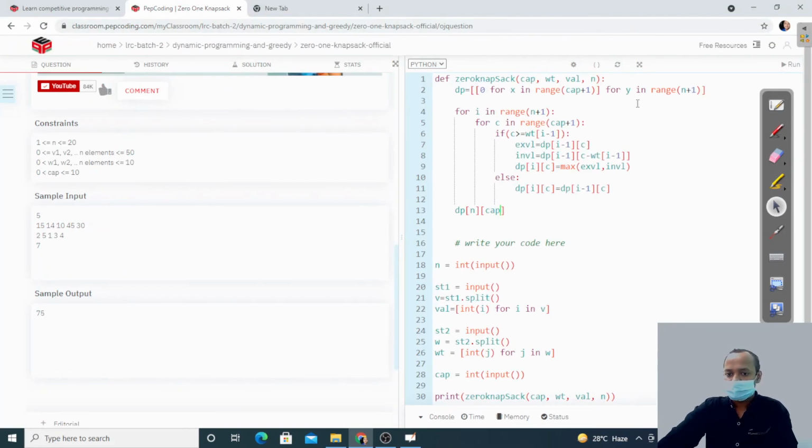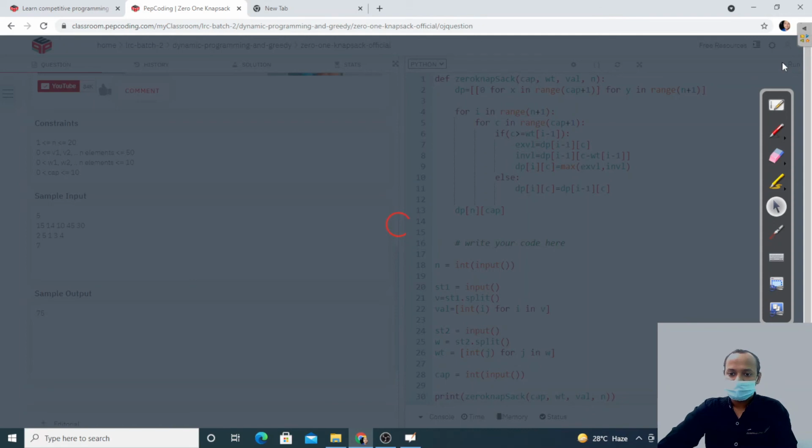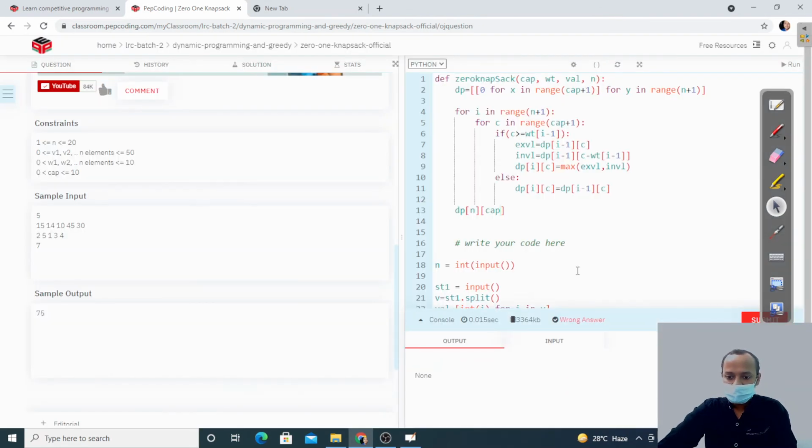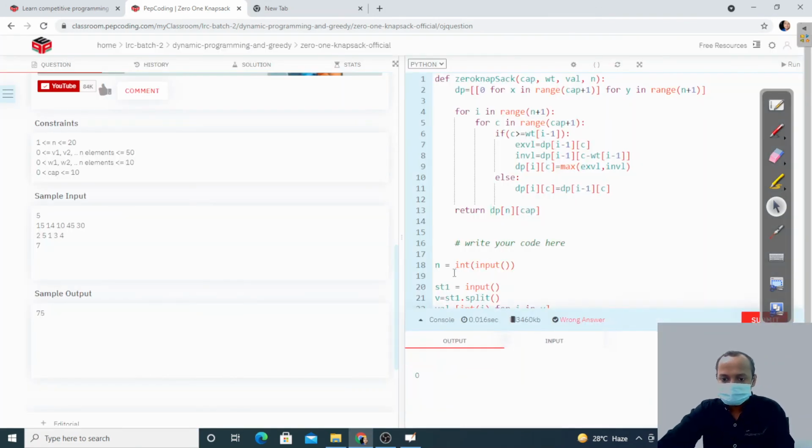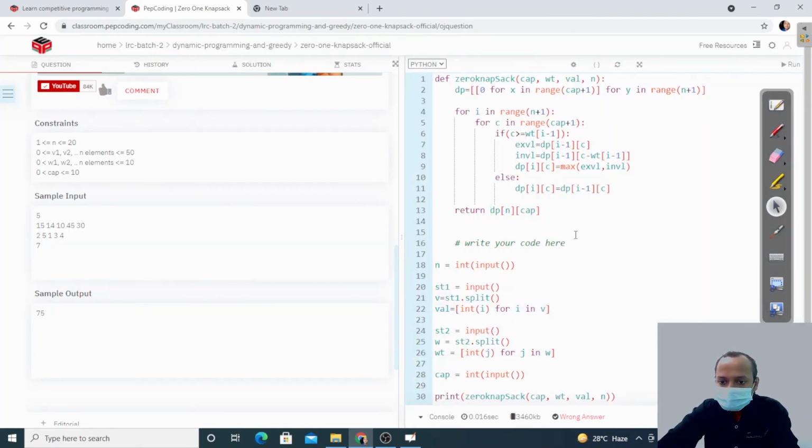Let's run this code. See what we get. There is nothing. Let's see what we are doing wrong. We have to return now. Let's see. Again wrong. Let's see what we are doing wrong.